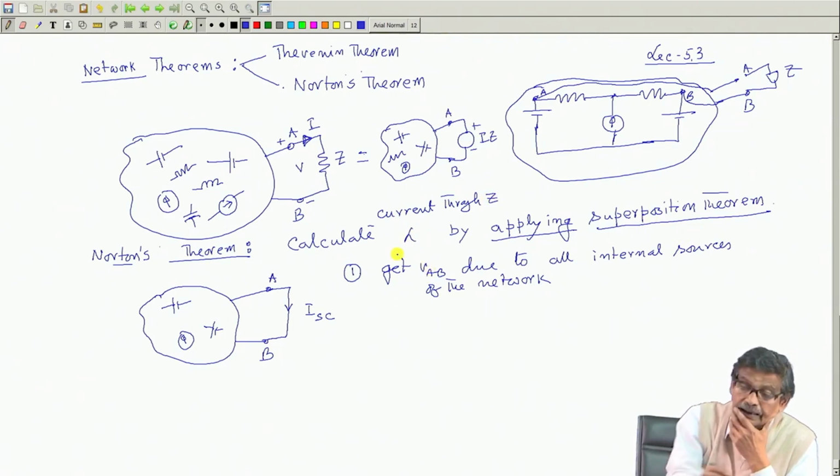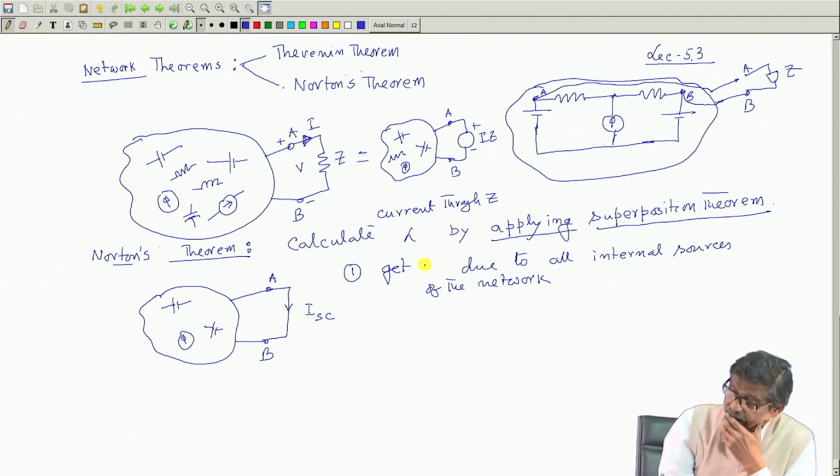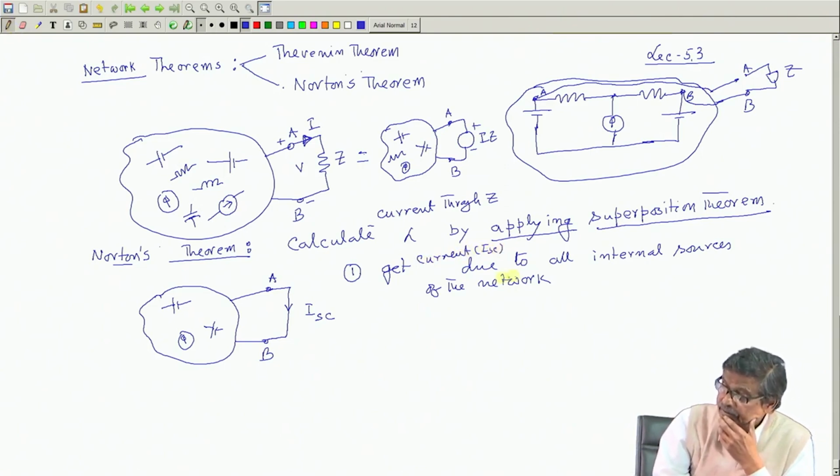So, get the current which is ISC due to all internal sources of the network, that I will get. Short circuit it, what is the current?